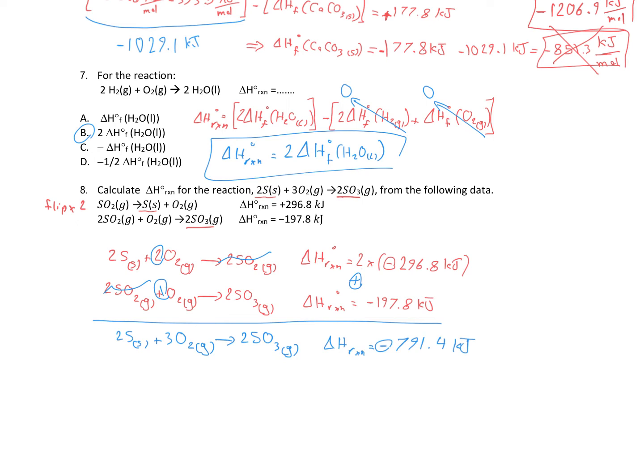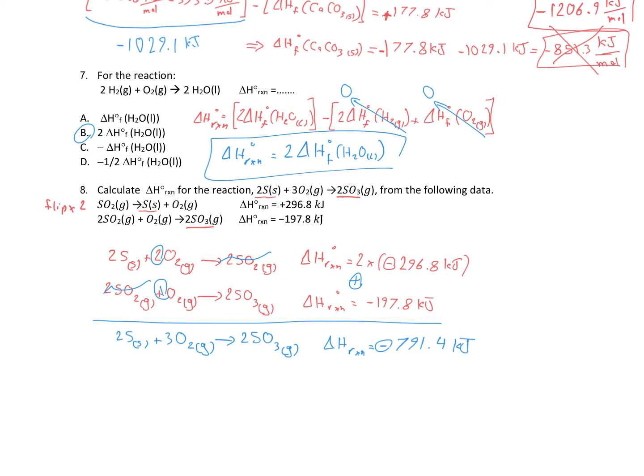Okay, so we have this reaction and it's asking for the delta H of the reaction. So again, you set up the delta H of formation equation: the sum of the products minus the sum of the reactants, right? We have 2 moles of water, so 2 times delta H of formation of water in liquid form, minus the reactant side.